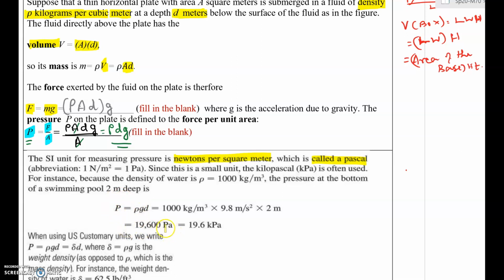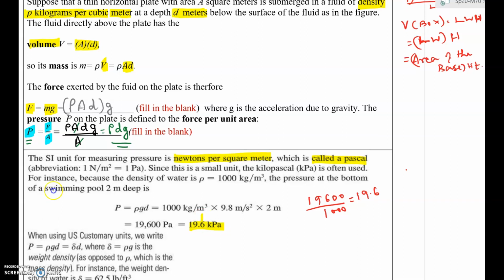As this is a huge number, we divide by 1000 and write it in kilopascals, which is 19.6 kilopascals.